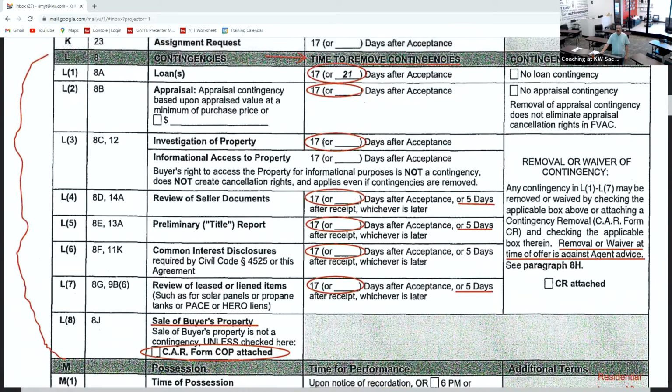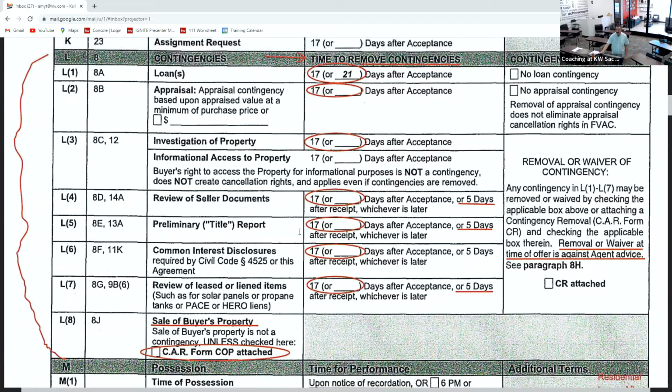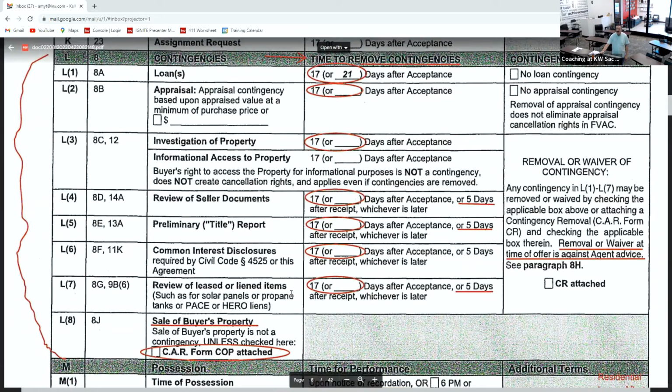Investigation of property. This is kind of a broad form. It goes hand in hand with review of seller documents and review of the preliminary title report, the HOA documents, all of that stuff.